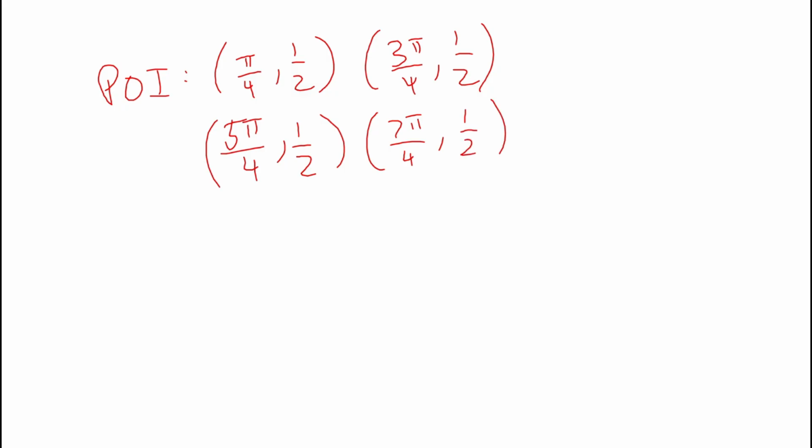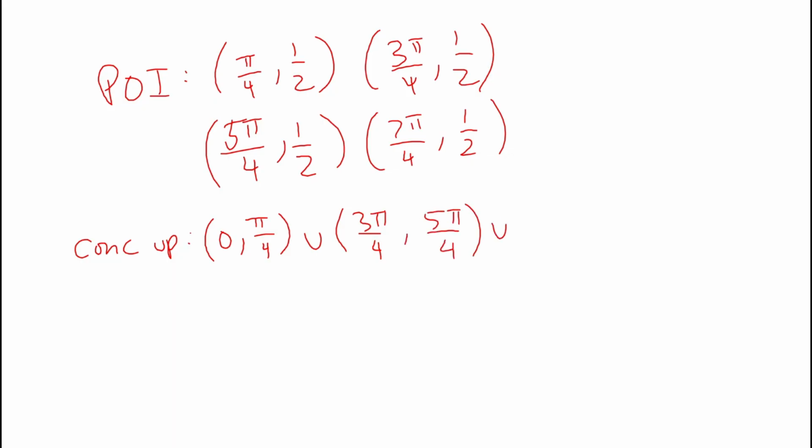And lots of different concave up, concave down intervals. We started out concave up, so from 0 to pi over 4. And then again, picking back up at 3 pi over 4 to 5 pi over 4.